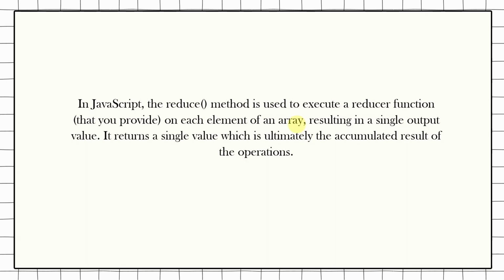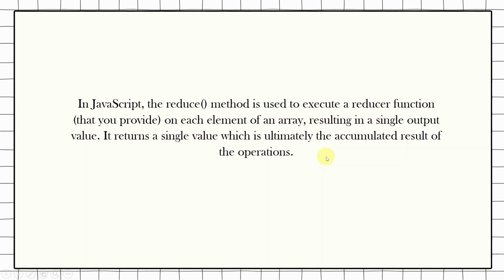Similarly, in our reducer function, we pass array elements one by one as the current element, and then we generate a single output value. So the reduce method returns a single value, which is the accumulated result of the operations.